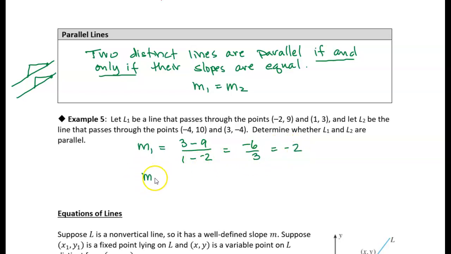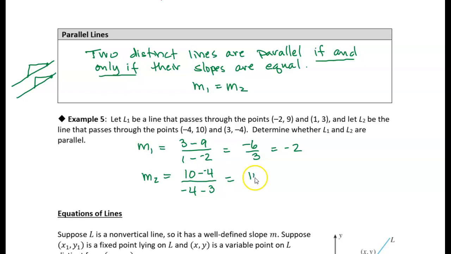All right, let's calculate the slope for the second line. We can look at the difference in the y-coordinates, so 10 minus -4, right? If I take the first point first. And then I have -4 minus 3. All right, so 10 minus -4 becomes 10 plus 4.